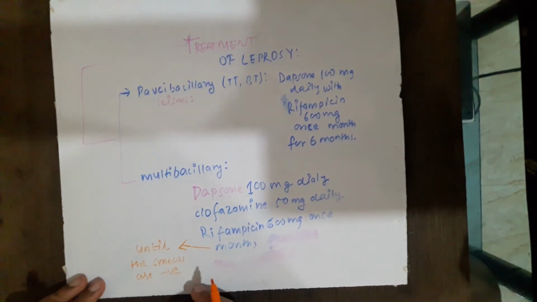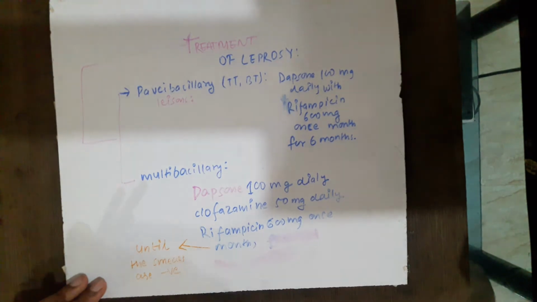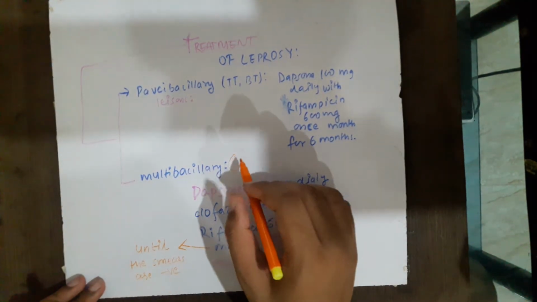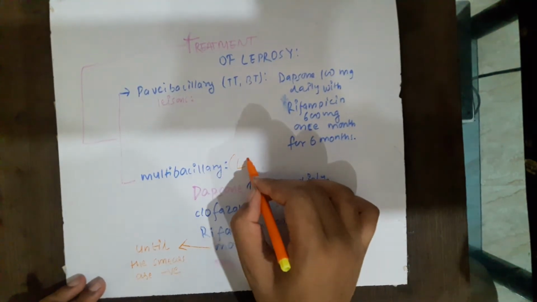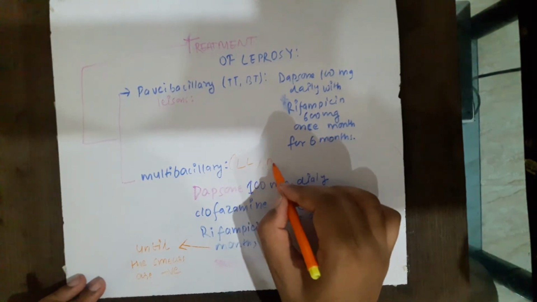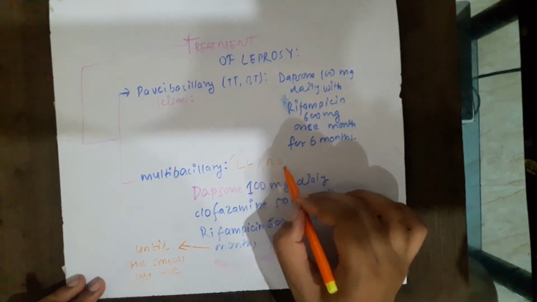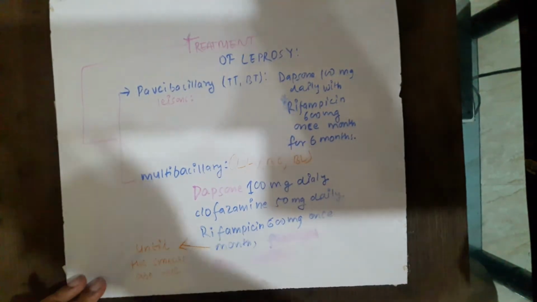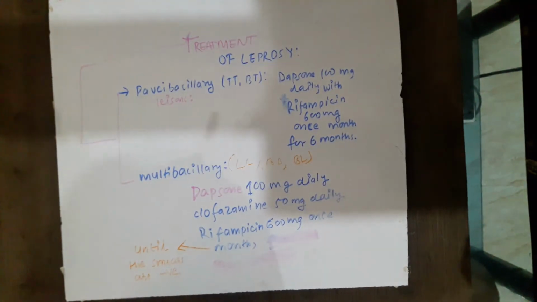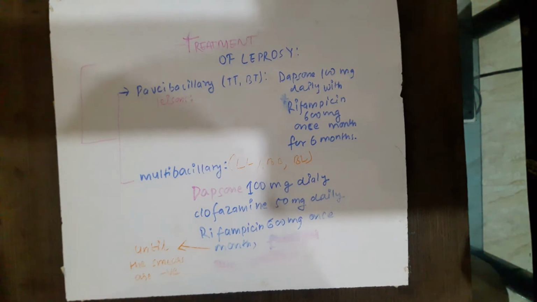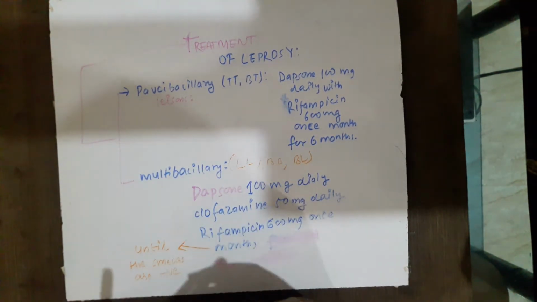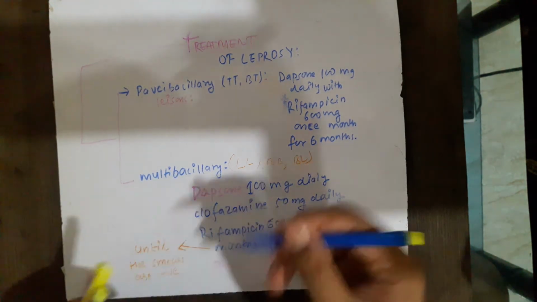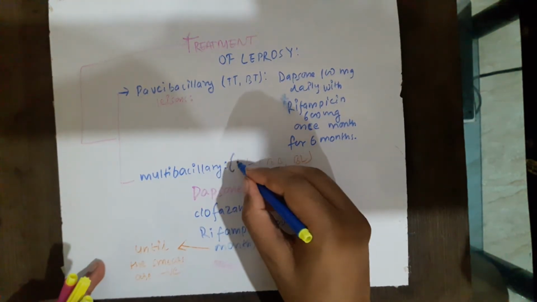Okay, and multibacillary includes lepromatous, borderline, and borderline lepromatous. Okay guys, I guess you cannot see because the markers are not working properly, so sorry for that.